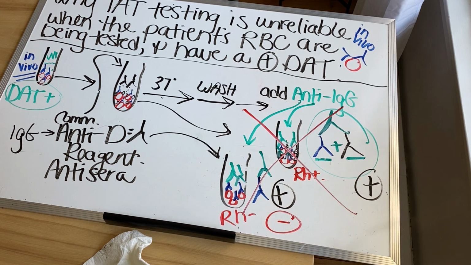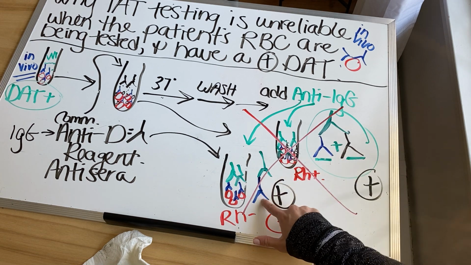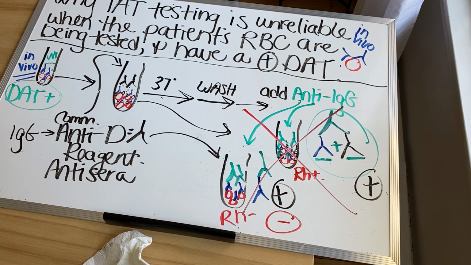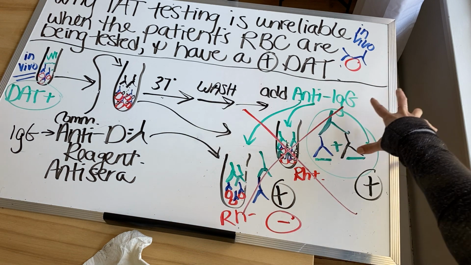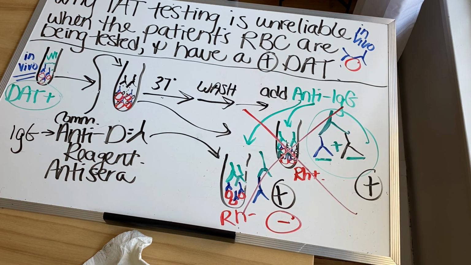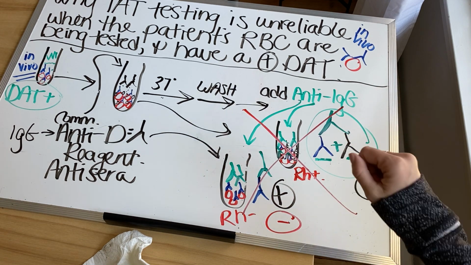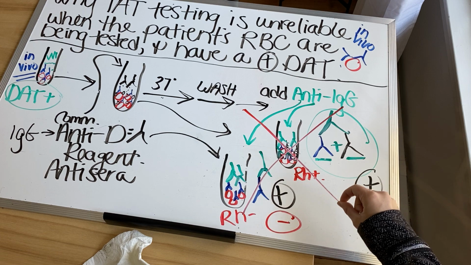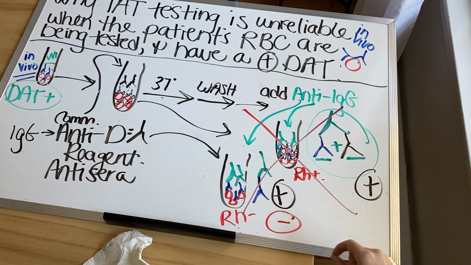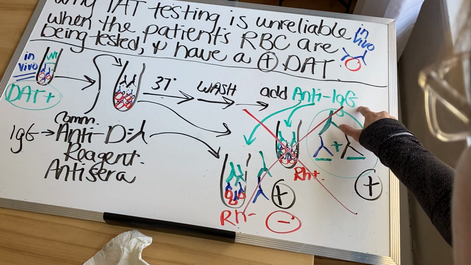It's going to be false positive because we have that interfering previously coating antibody that's going to make the anti-IgG react with it. Okay? So that's why we can't do IAT testing on a patient's red cells if they have a positive DAT. We can do immediate spin because we're not adding anti-human globulin.